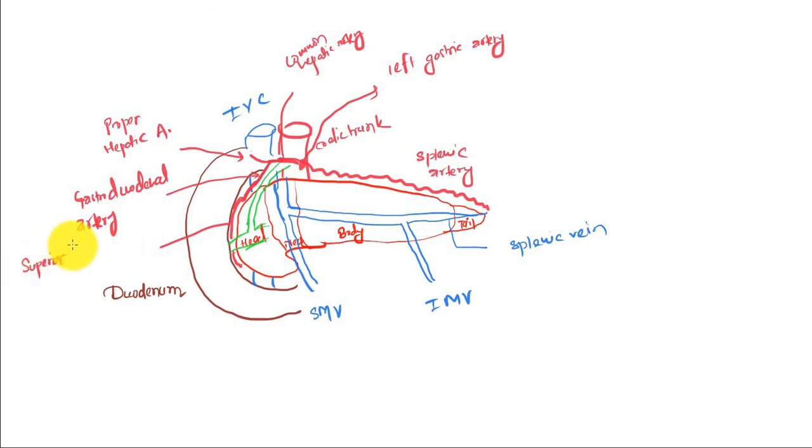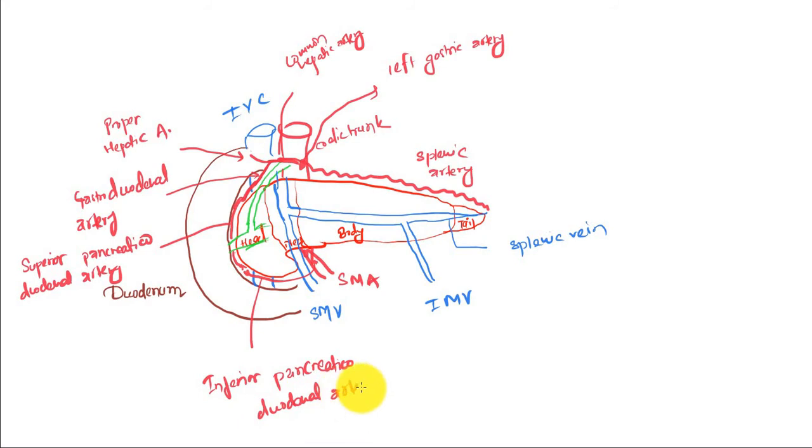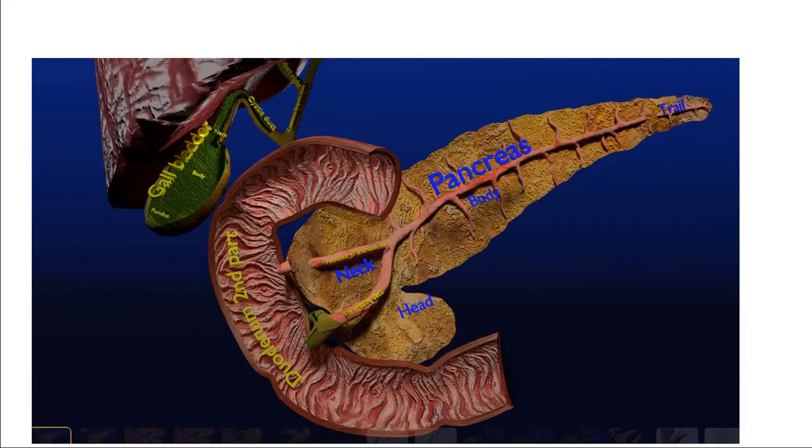One of them is the superior pancreaticoduodenal artery. In the inferior portion of the pancreas, the aorta gives another branch known as the superior mesenteric artery, which gives the inferior pancreaticoduodenal artery as a branch, and both of them form an anastomosis on the C-shaped duodenal arcade.